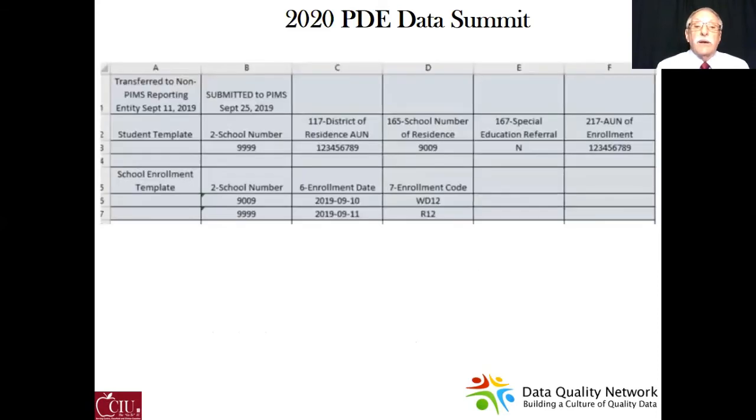And if we look at the 2 records pertaining to the school enrollment template, you can see that we have the school number 9009 when he left us with the WD12, and then when he entered that private building, quad 9s on the 11th, and he's got an R12 code. All right.